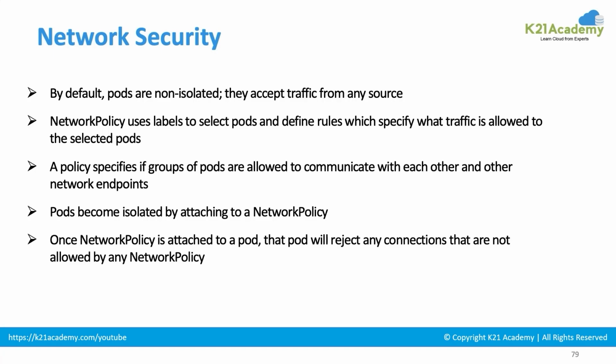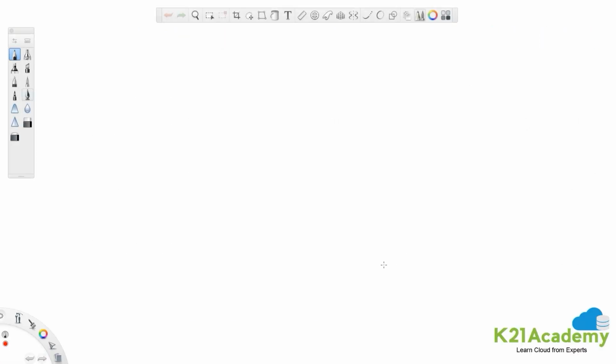As soon as you attach a policy to a pod, only whatever is allowed would be allowed, and everything else gets denied. So what am I saying? By default, all is allowed. If I have pods in my cluster, the default policy is to allow all. But as soon as you create a network policy, kind NetworkPolicy, and attach it to a particular pod, you say this policy works for this particular pod.